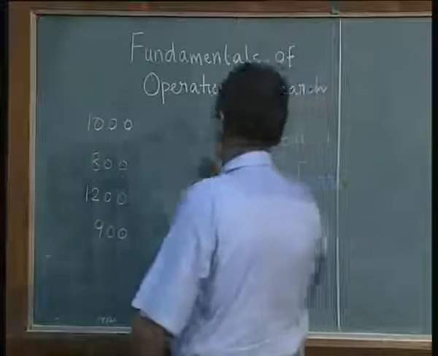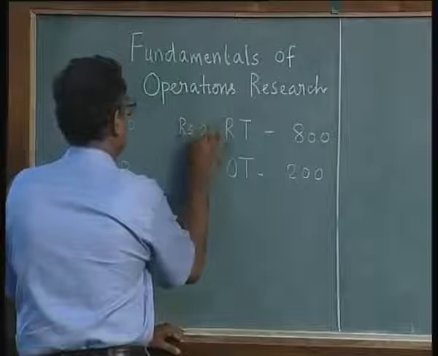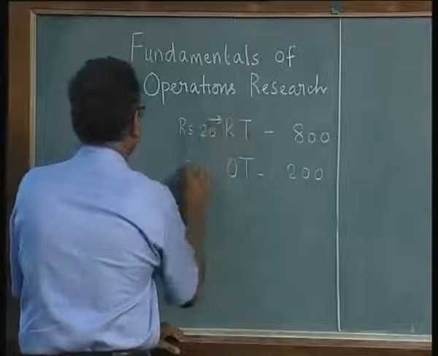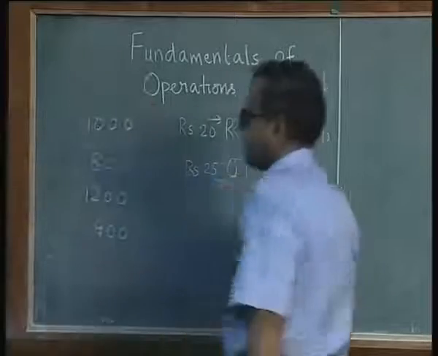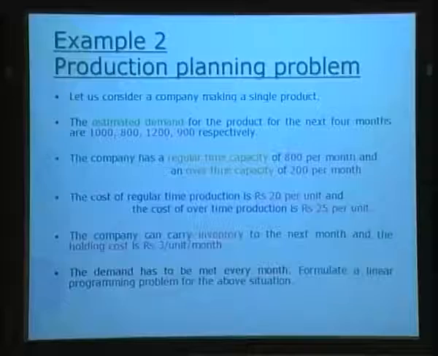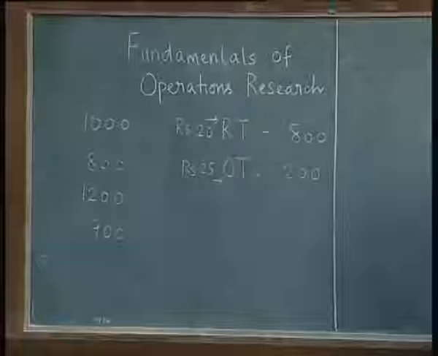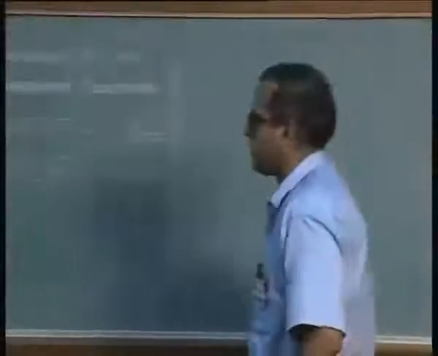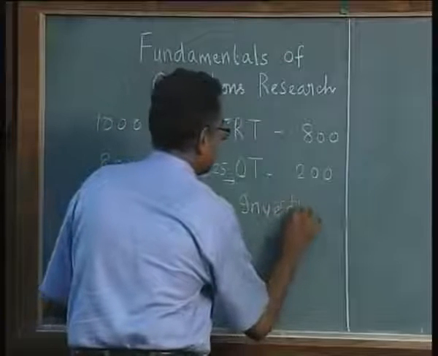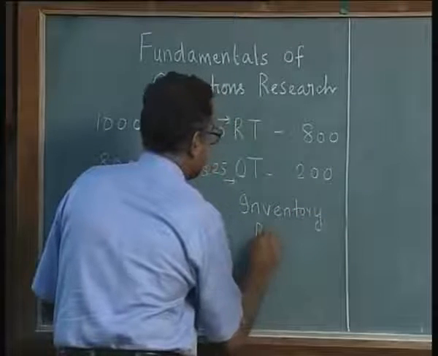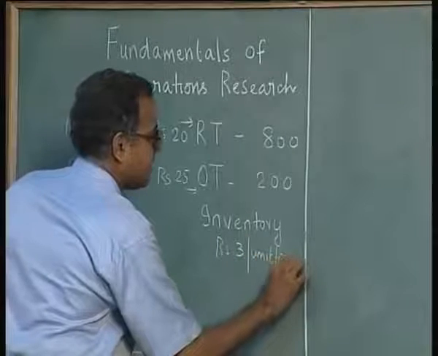To produce one item in regular time, it costs ₹20, and to produce in overtime it costs ₹25. The company can also produce more in a particular month and carry the excess to the next month, and such a carrying cost, which we call inventory cost or carrying cost, is ₹3 per unit per month.